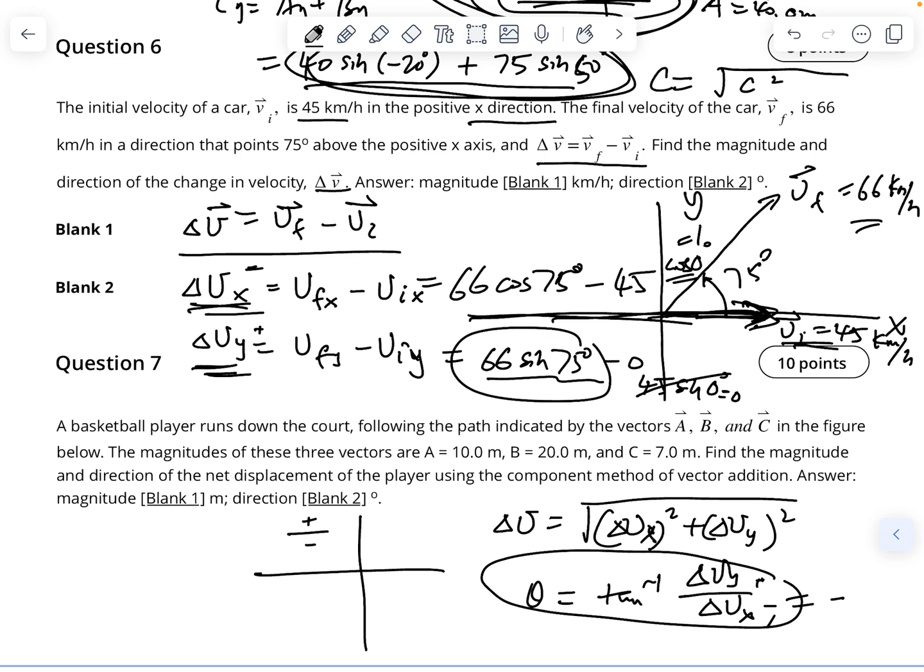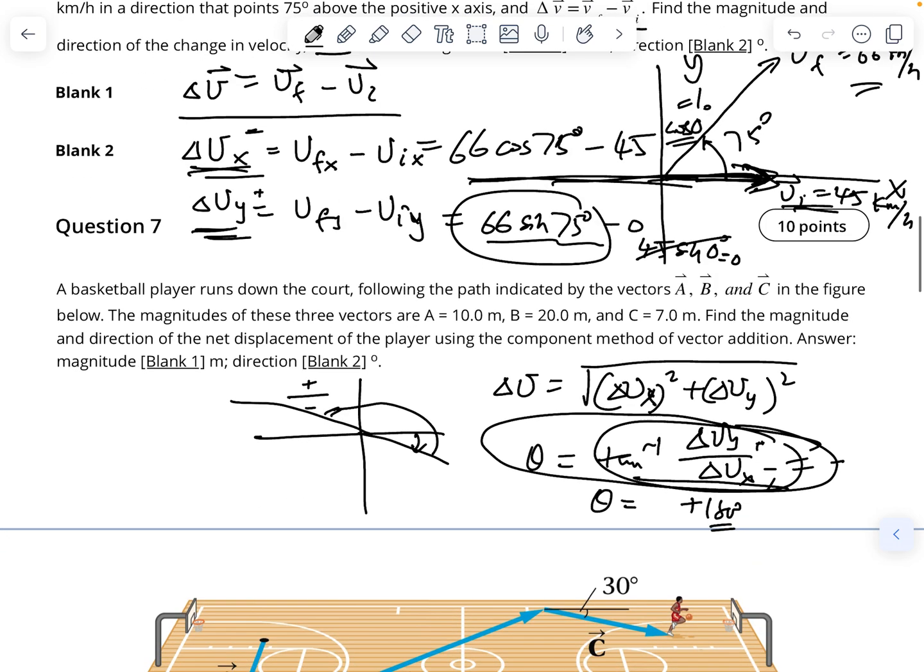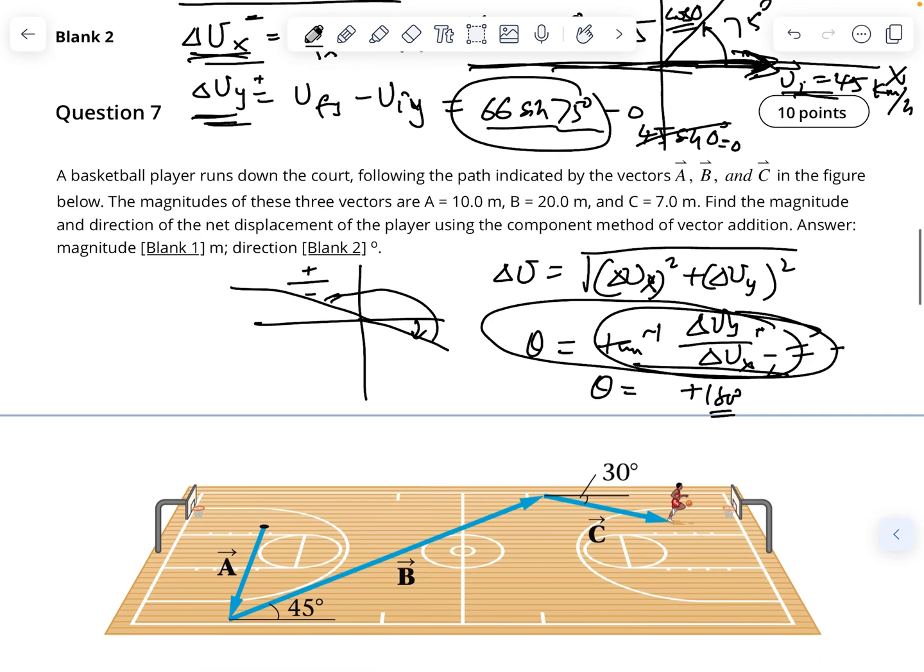All right, so the angle will be whatever you get from this calculation with a calculator, plus 180. This is a negative angle, so to push the angle into the second quadrant, you have to add 180, because this is a second quadrant angle. All right, this is number 6. Number 7.